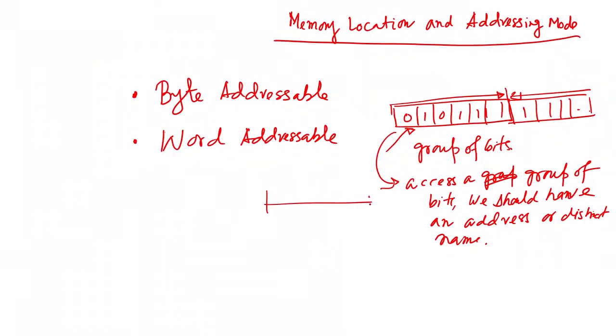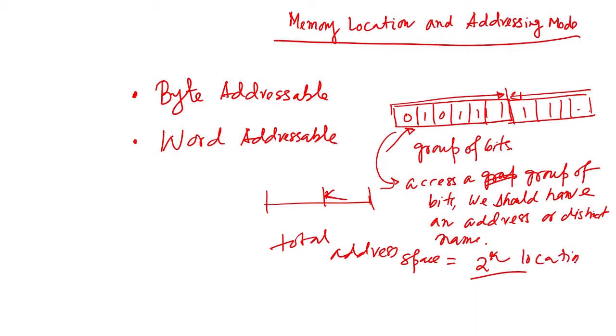So, that is the requirement for having an address for each group. And as you know, if there are k address lines, then the total address space will be 2 to the power k locations.